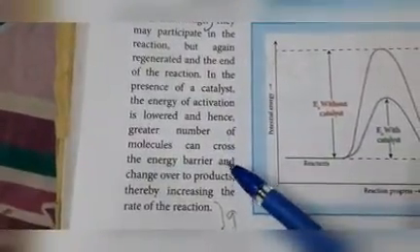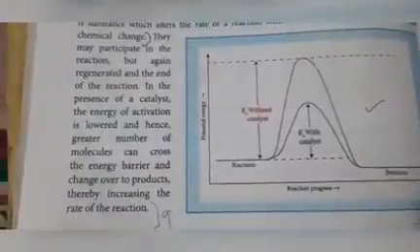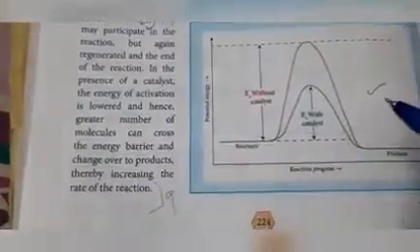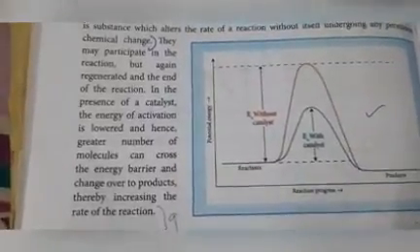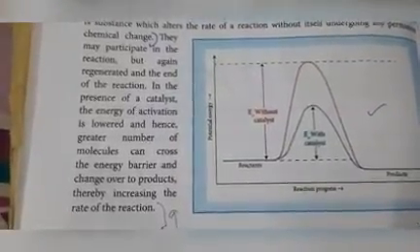So hence a greater number of molecules can cross the energy barrier. This is the energy barrier diagram. So more molecules can convert into product, thereby increasing the rate of the reaction.